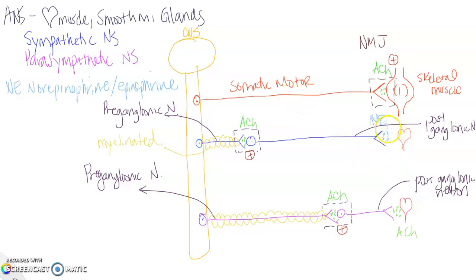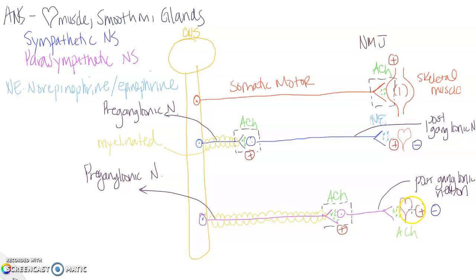But at the effector, it's not that way. The norepinephrine or epinephrine, or the acetylcholine in the parasympathetic, can either be stimulatory or inhibitory. So it depends on the receptor. So in the parasympathetics, acetylcholine to the heart is going to be inhibitory.